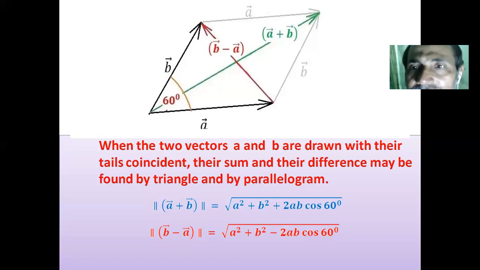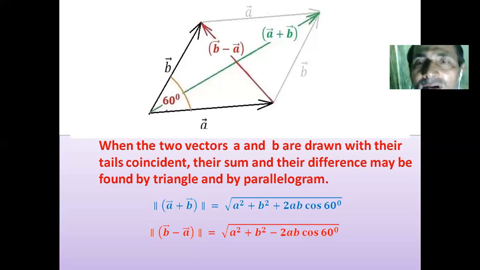Similarly, if you take the vectors A and B and subtract them, the resultant vector will be B minus A, and that is shown by the red color diagonal. So every parallelogram has two diagonals.